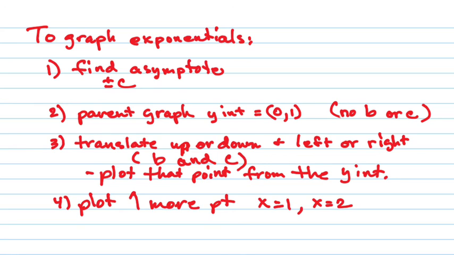Plot one more point. If the graph is negative, do we want to pick a negative point? Maybe. No. Yeah, okay. Because remember, it just moves it from left to right. So the x can be positive, and that's fine. You're just going to get a negative value. Right. Okay?